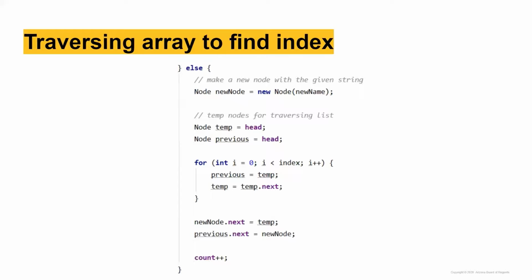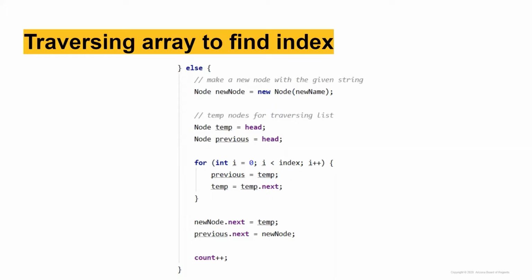So we are going to make a new node. We are going to make the temp, set it equal to head, set previous equal to head, and then we're going to say for integer i equals 0, i is less than the index that we want to find, right? And then we're going to increment i until we get to that index. And we're just going to set previous equal to temp.